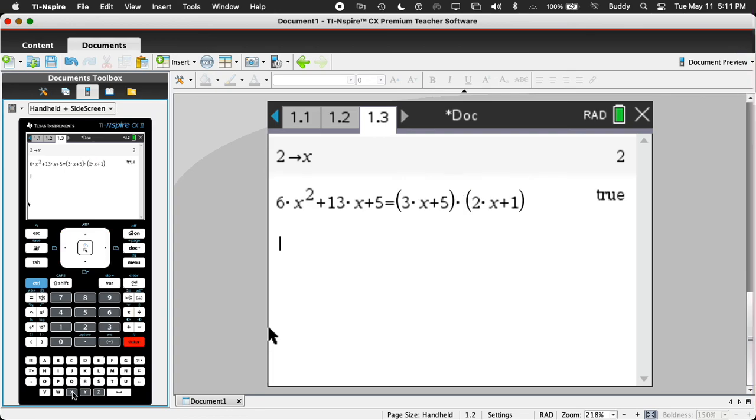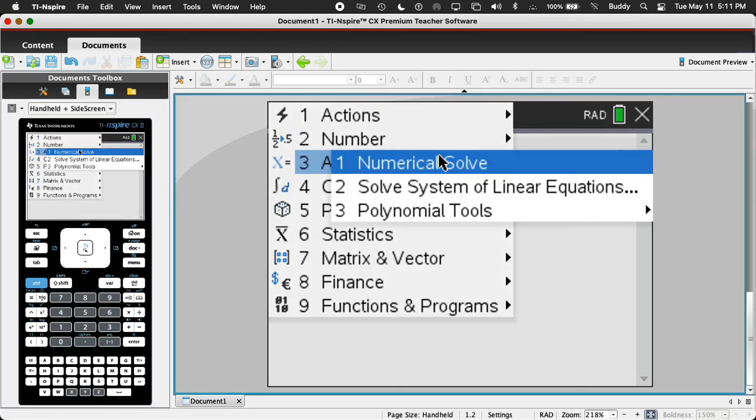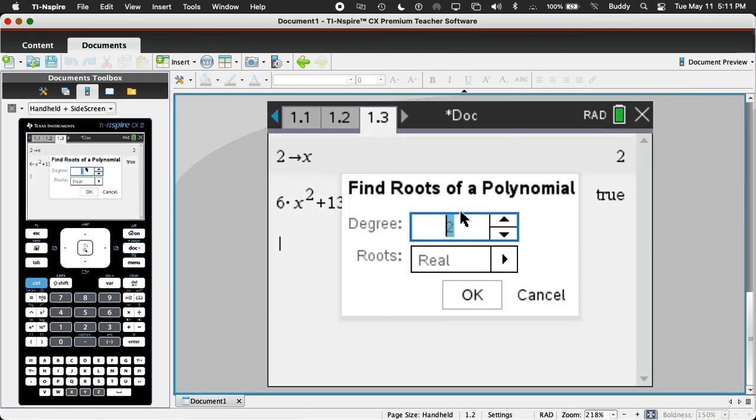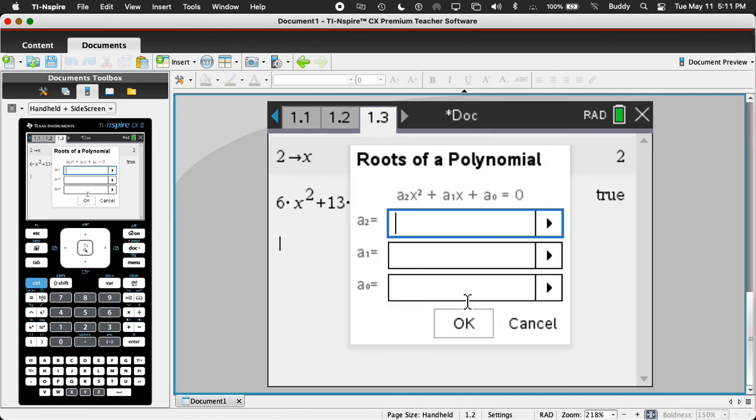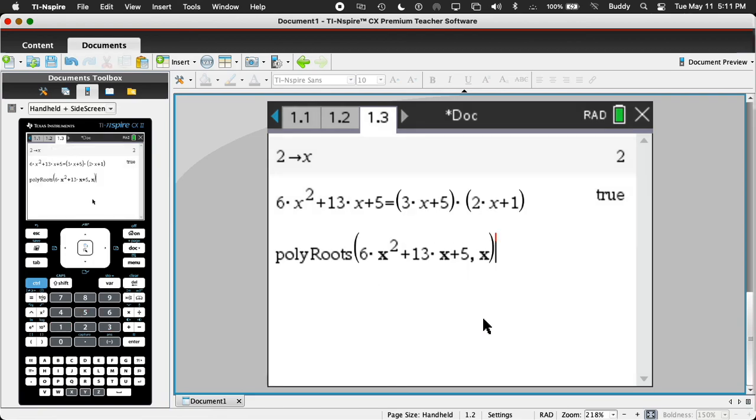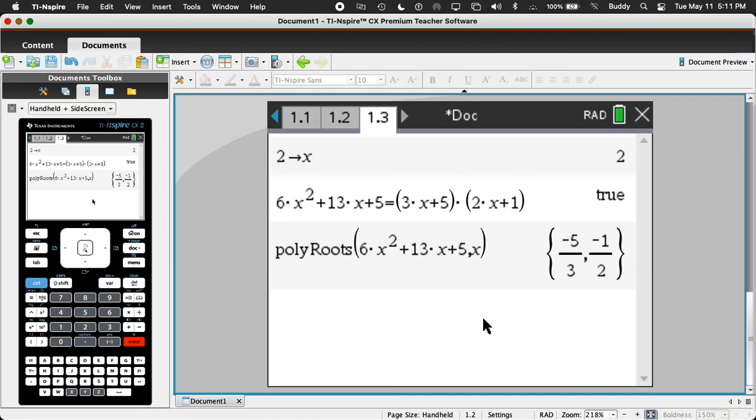And it says true. I also could have run a polyroot and gotten the two x values.